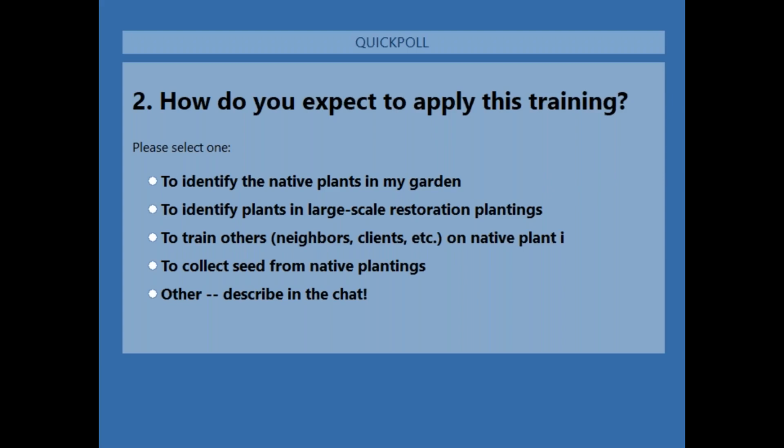The majority right out the gate is to identify the native plants in their garden. Okay. Although to identify plants in large scale restoration plantings is creeping up there. Give it just another second or two here.